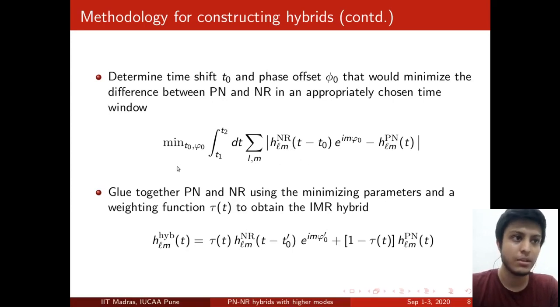So we run a minimization routine which pops up two numbers, say t0 prime and phi0 prime, which yield the best matched PN and NR waveforms. Then we produce the hybrids by multiplying with a weighting function tau of t, which basically does the work of stitching the two waveforms together.